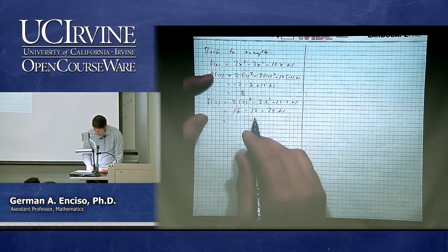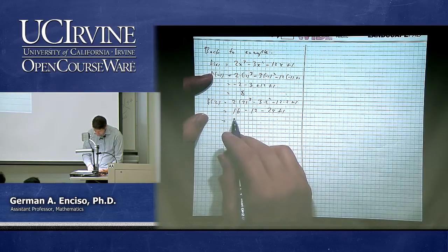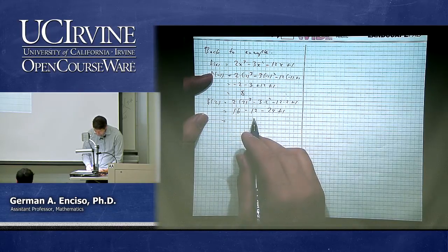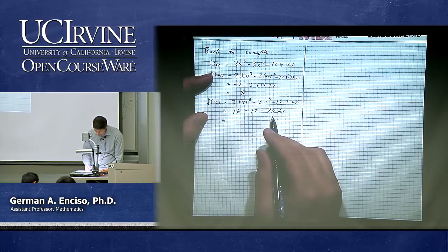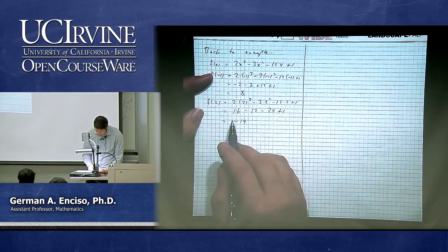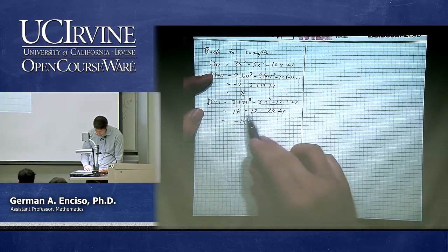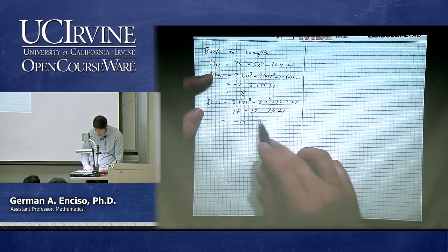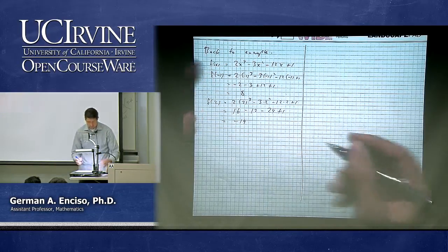And this is, let's see, so 16 minus 12 is 4, minus 24 is minus 20, plus 1 is minus 19. Yeah, okay, sounds good.